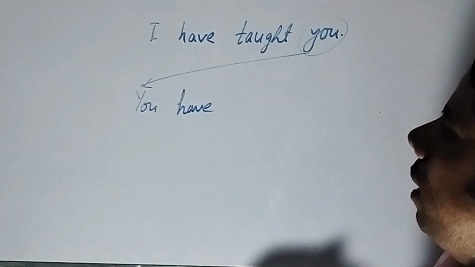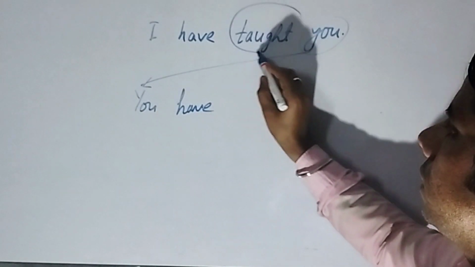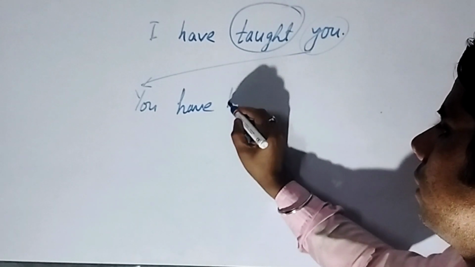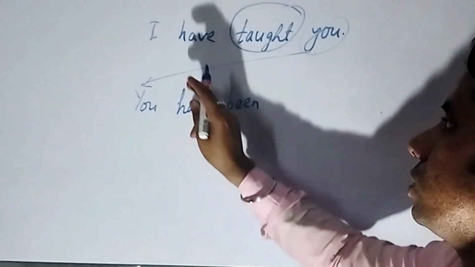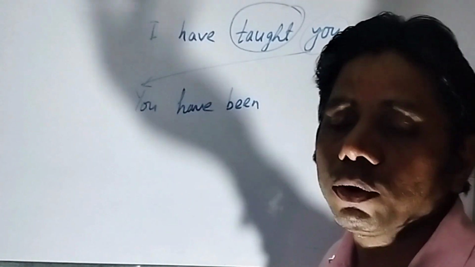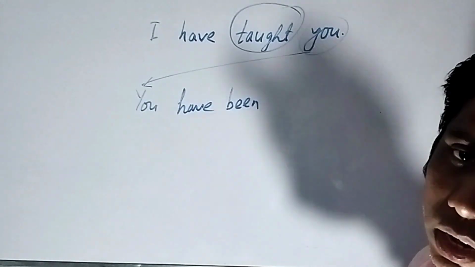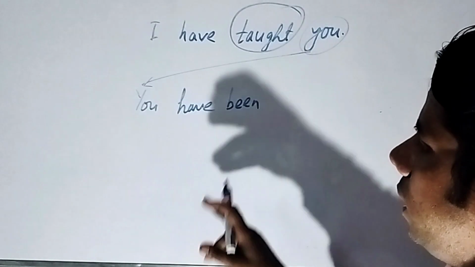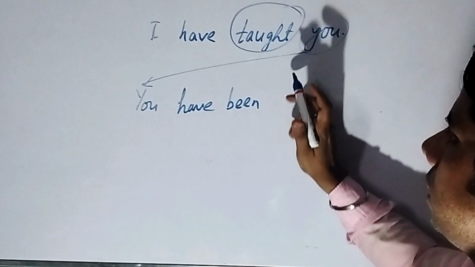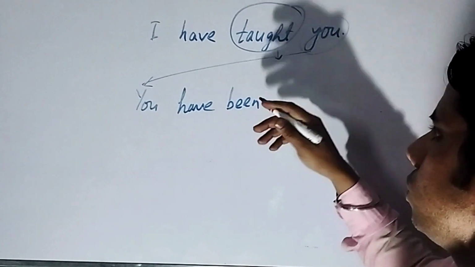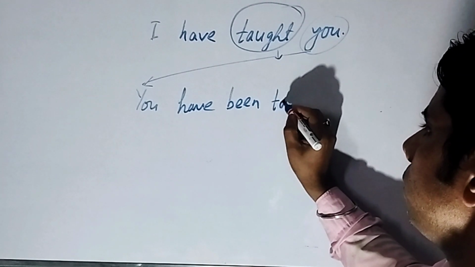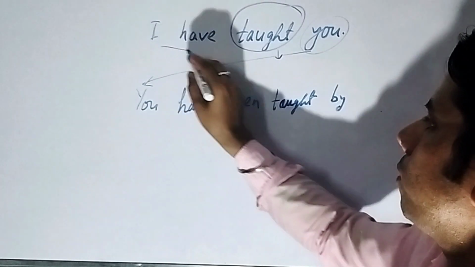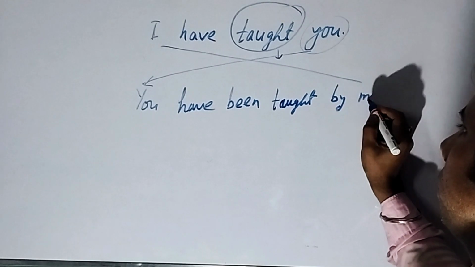Okay, have, and after then listen carefully, which type of change is required here? We should use here been. When you are converting from active to passive, if the sentence is related to has or have, you have to use have or has, then been. Okay, have been, and after then the verb is given in third form, so we should not change it; we should use the same word, taught, and after then by, I have told you that me.